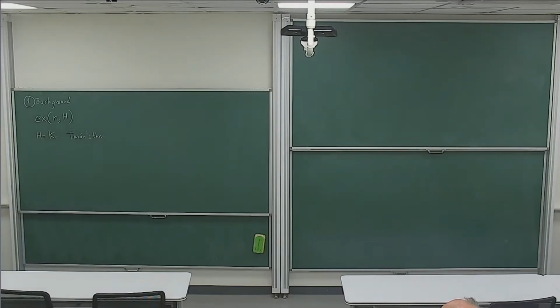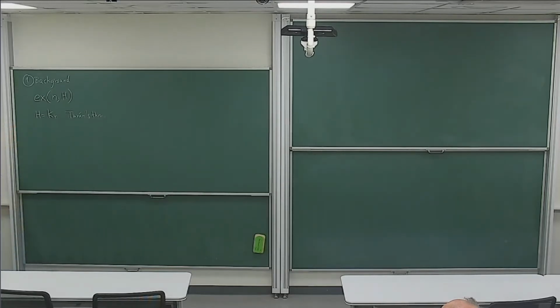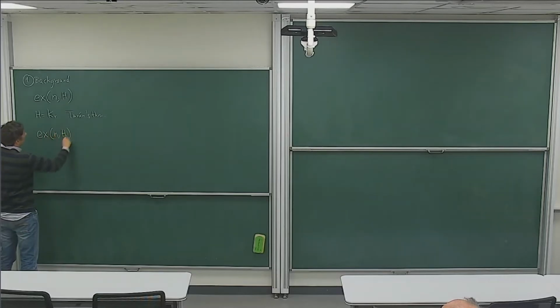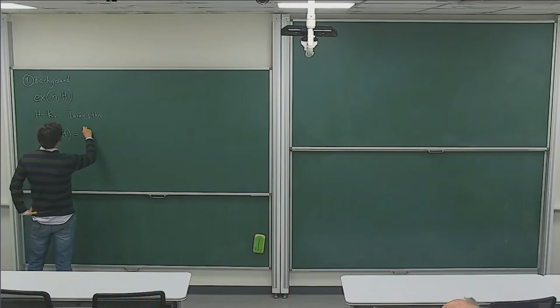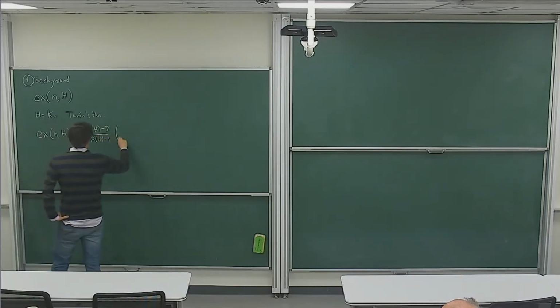And then the classical starting point of extremal graph theory is the following, which says that this number equals some factor times n choose 2 plus a little o of n squared.